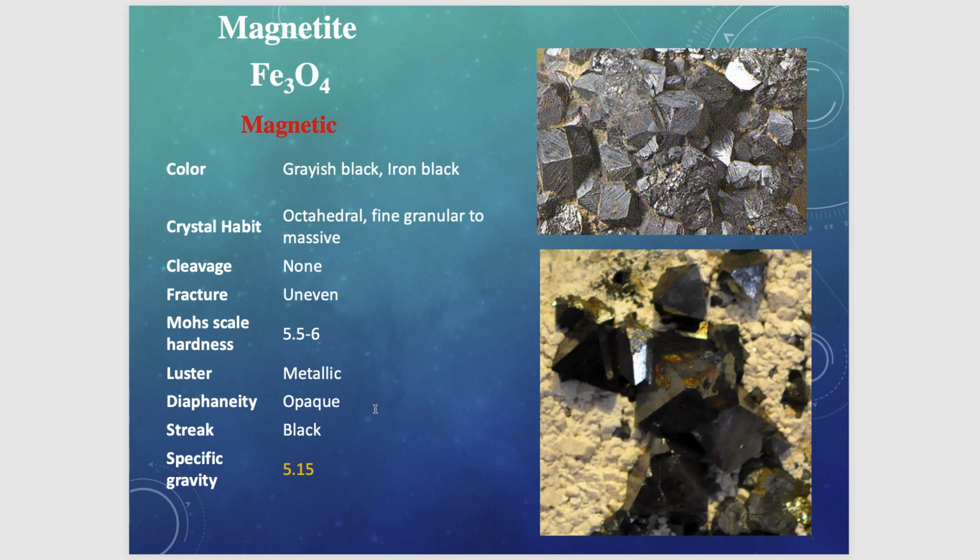So if you look using the microscope, it will be opaque, like the hematite, but the streak is black, which is the key characteristic, and helps with the distinction between hematite and the more reduced variety, magnetite.